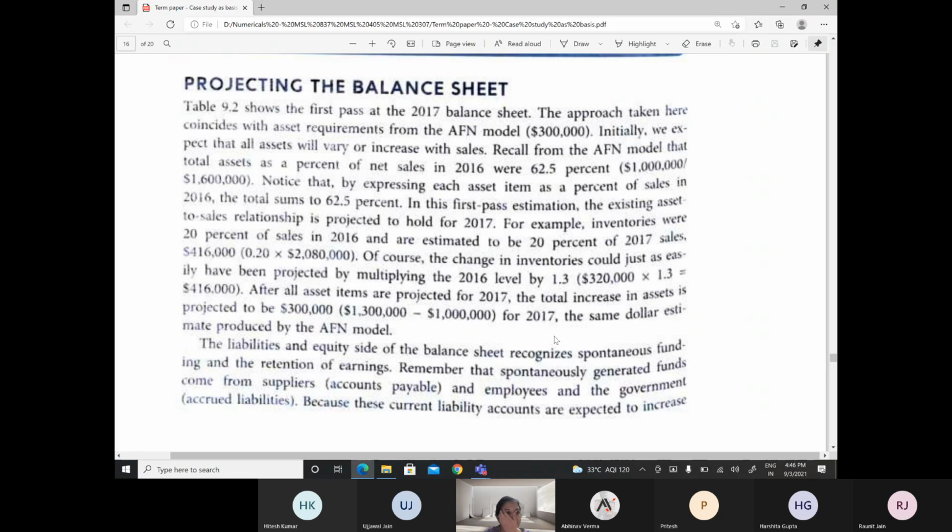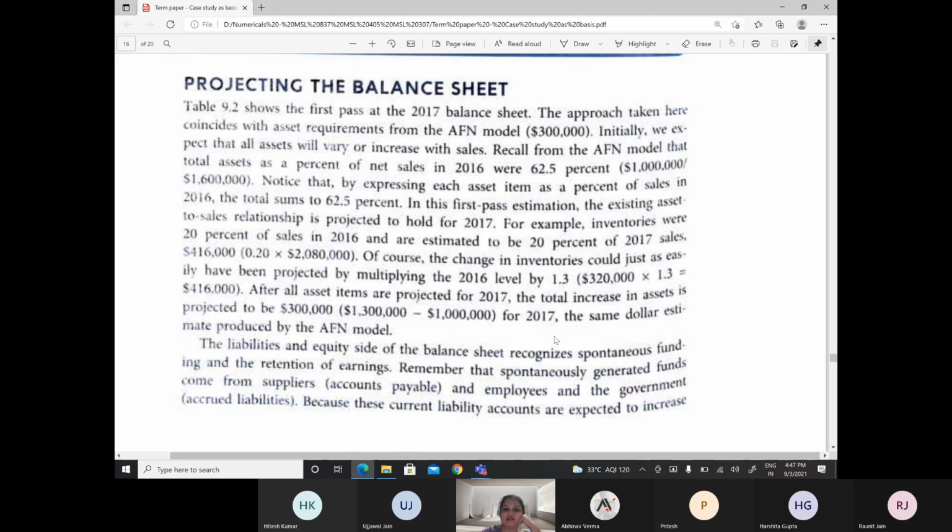Recall from the AFN model that the total assets as a percentage of net sales in 2016 was 62.5%. That is your 1 million upon 1.6 million. Notice that by expressing each asset item as a percentage of sales in 2016, the total sums to 62.5%. In this first pass estimation, the existing asset to sales relationship is projected to hold for 2017.